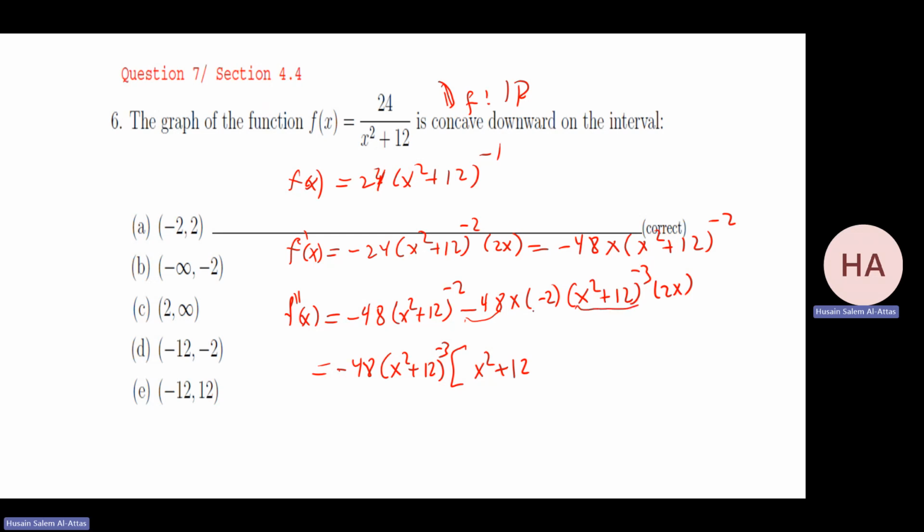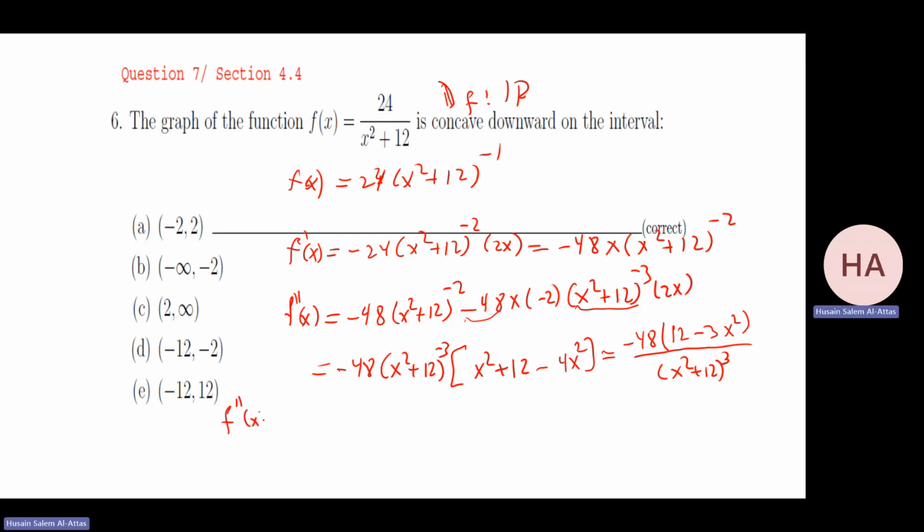This is gone. So what's the remaining? Minus 4x squared. So the answer is minus 48 times (12 minus 3x squared) over this.